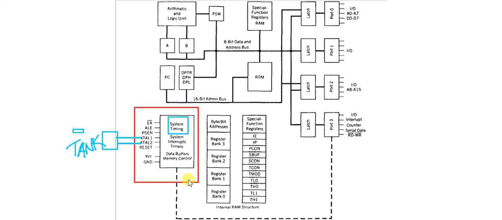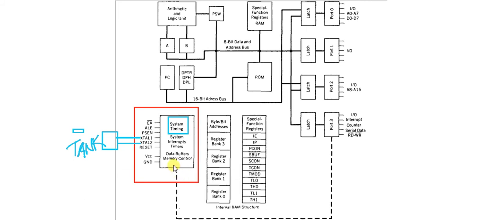When we start studying the interrupts of 8051, we will learn how many interrupts there are, how to configure and use them, and how to write the ISR. Everything we have to study. Okay, that is the content of another video lecture.